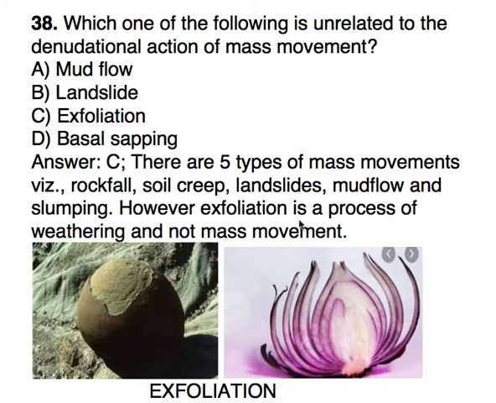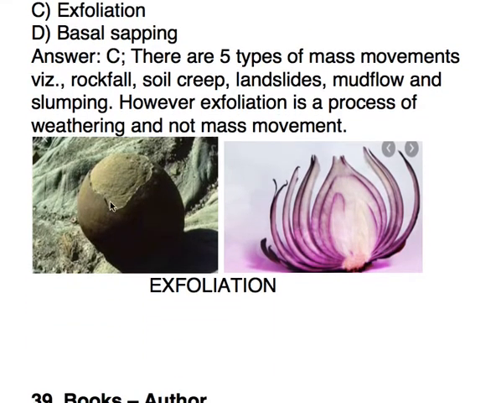We can understand exfoliation from this diagram. This is a rock. The upper part has been exfoliated, that is, eroded. How? During daytime, the rocks get heated by the sunlight and expand, and at night time they contract due to cooling of the rock. So this process of contraction and expansion leads to the breaking of the upper layers of the rock.